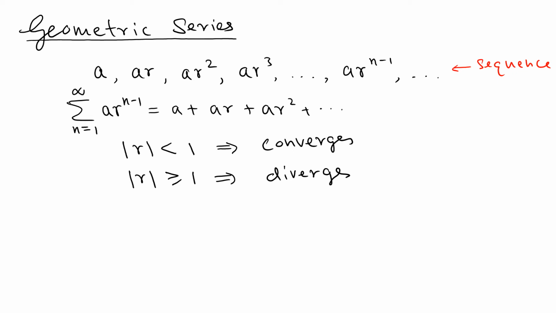If you look at this on a number line, let's say this is a number line. Let's put this information here. We have 1, so 1 is the important number here.